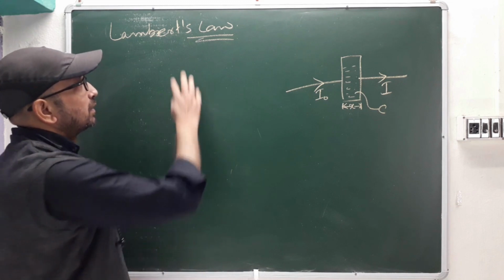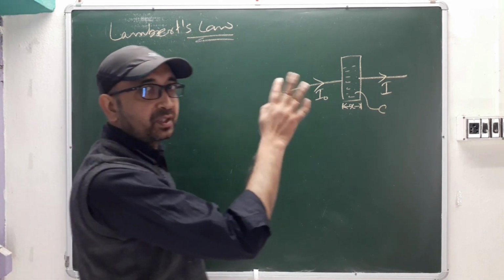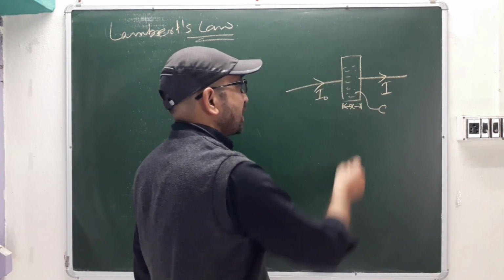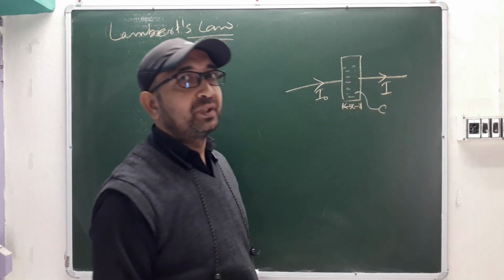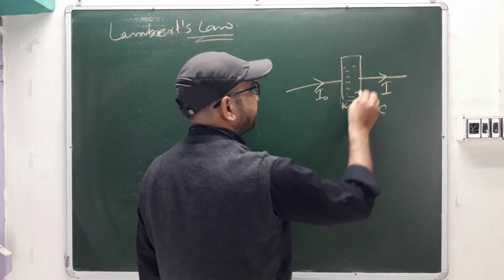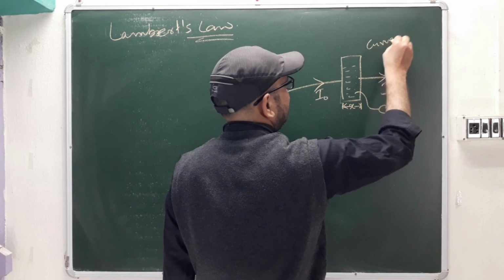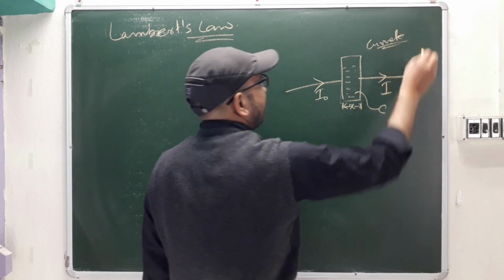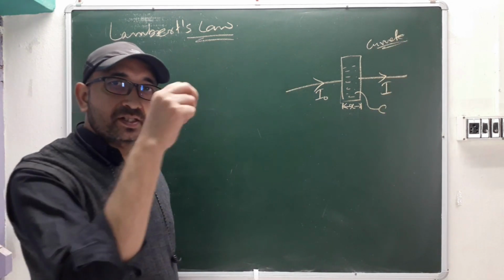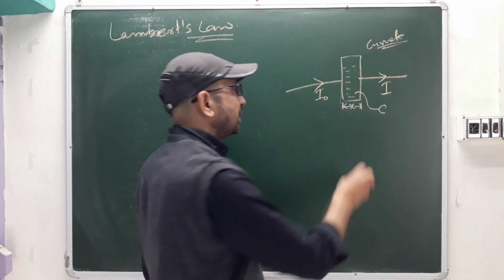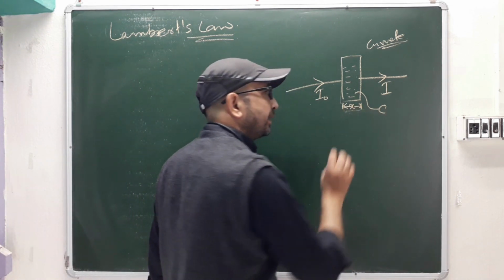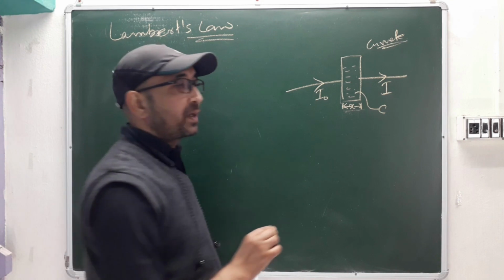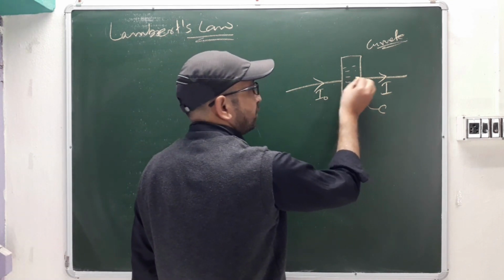So generally for Lambert's law and Beer's law, simply you just see, we have kept a sample here, right? This is a cuvette. In this cuvette, we just kept our sample. And we know that this path length is x. Generally it will be 1 centimeter. Path length means the breadth of this cuvette.